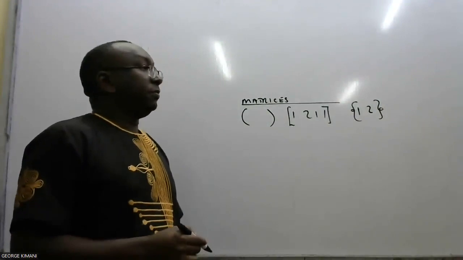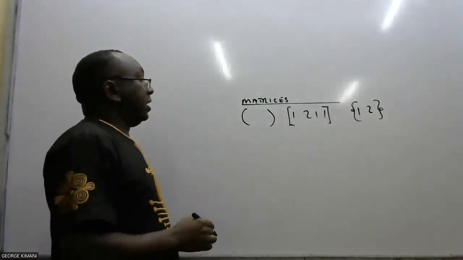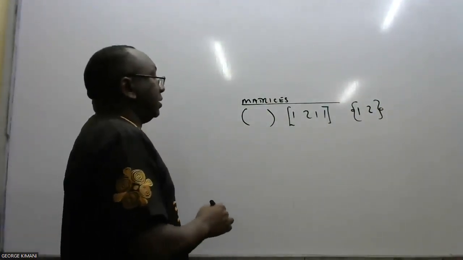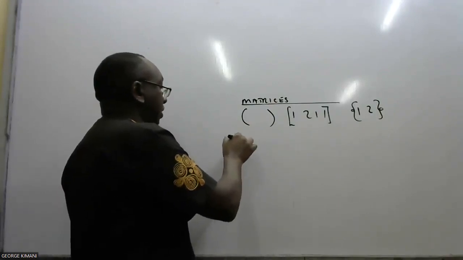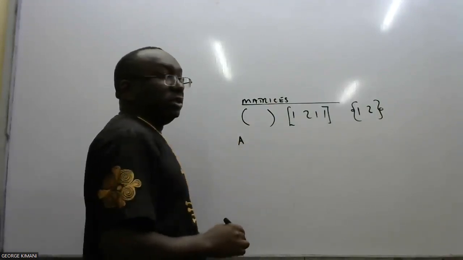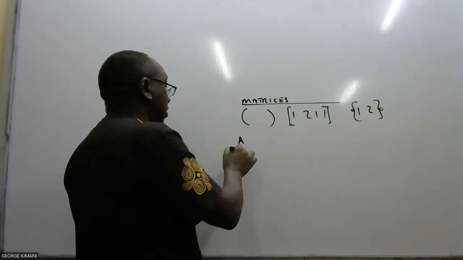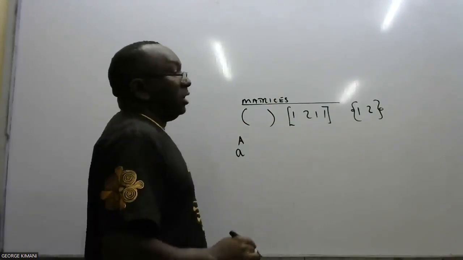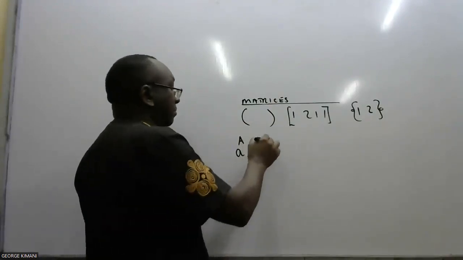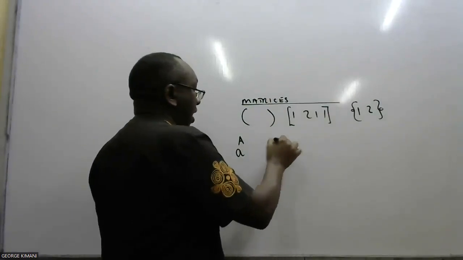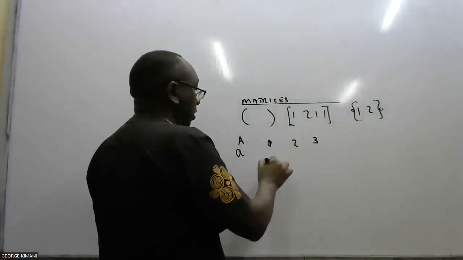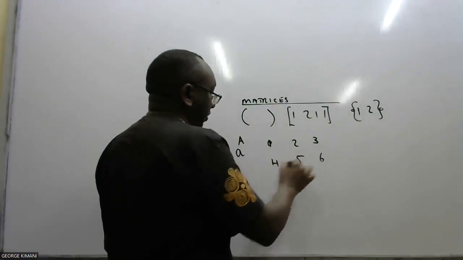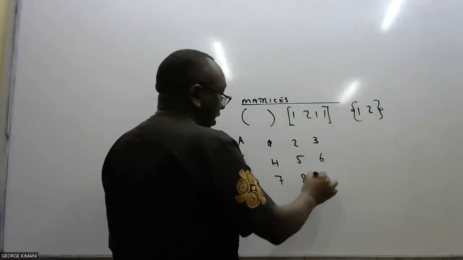The other thing is when you're writing matrices, we always use capital letters. And when you're writing the elements, we use small letters. The horizontal arrangement of numbers, like if you have 1, 2, 3, then you have 4, 5, 6, 7, 8, 9.